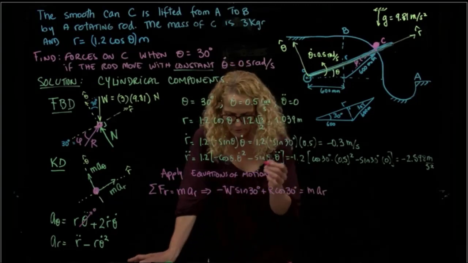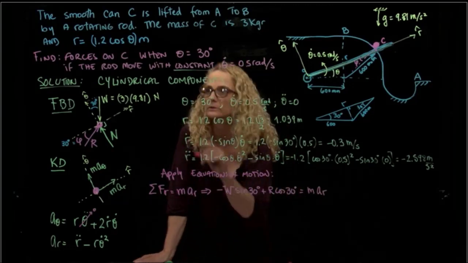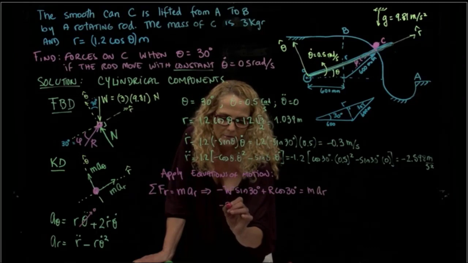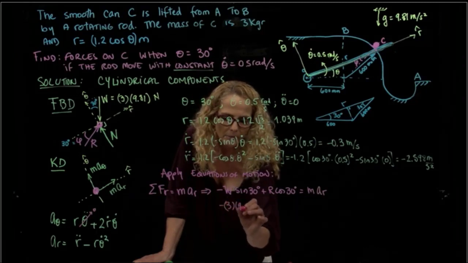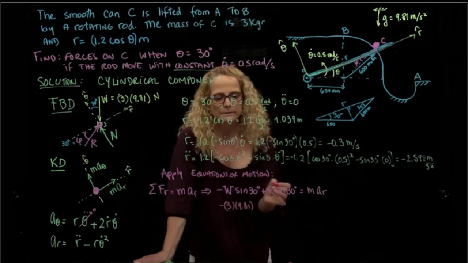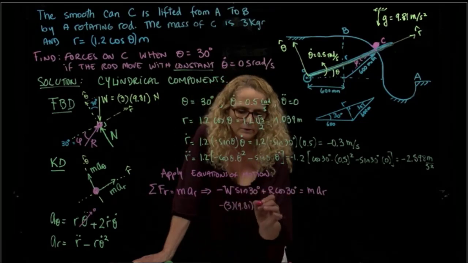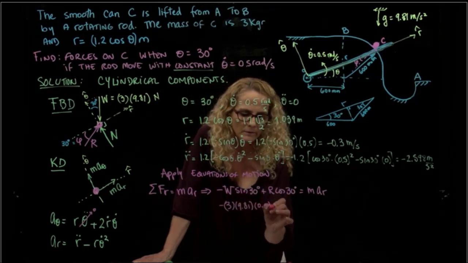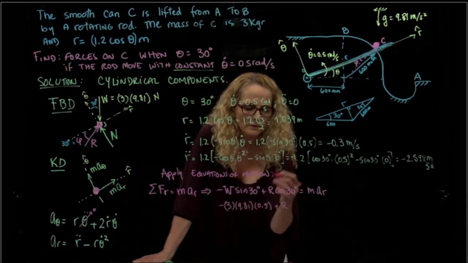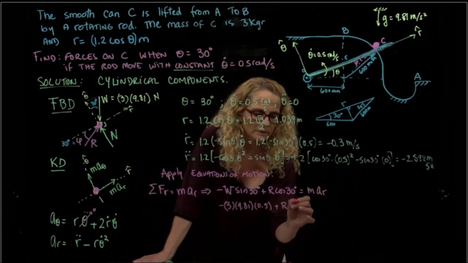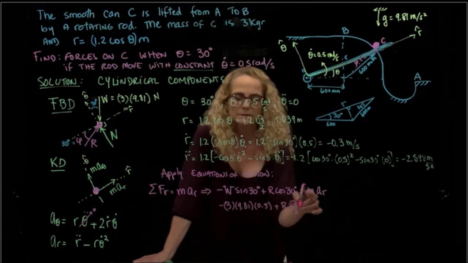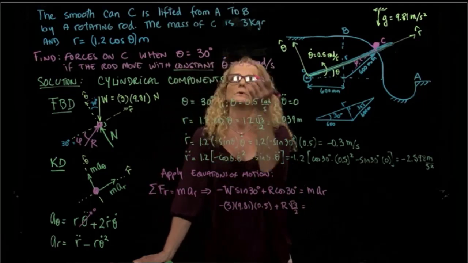So let me plug in the values. That will be equal to the weight, we say that is negative 3 times 9.81, sine of 30, we know that is 0.5, plus R, which we are looking for, cosine of 30, we know that is square root of 3 over 2, is equal to the mass, which we know that is 3.